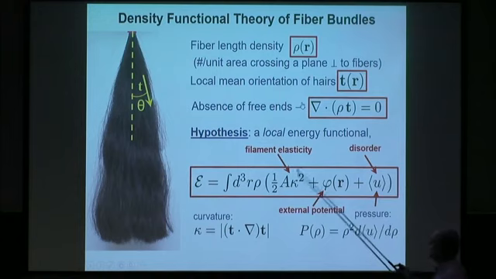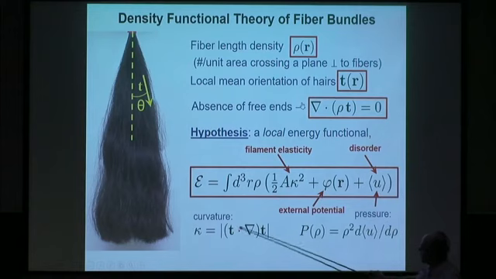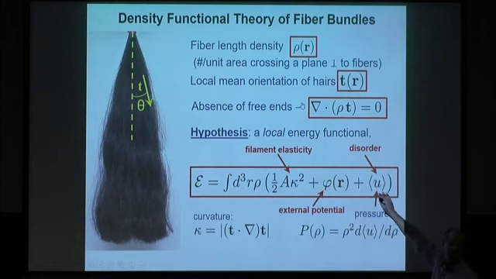And from those two, you can construct an energy that involves the curvature squared, where the curvature is related to that vector t, which is this bending energy, some piece associated with gravitational energy, and then you throw all your ignorance into a term we call U that represents the randomness in the problem. And the key point is actually that that randomness defines a pressure which pushes out and swells the bundle.